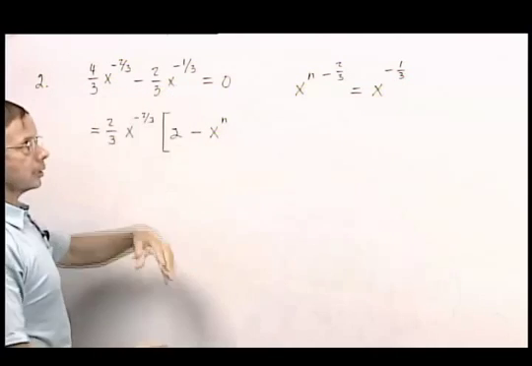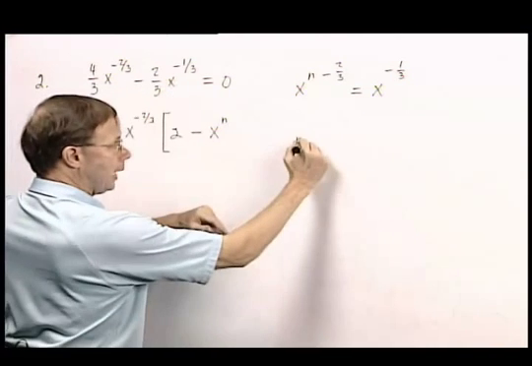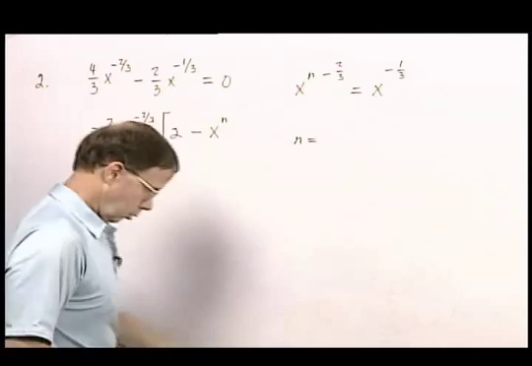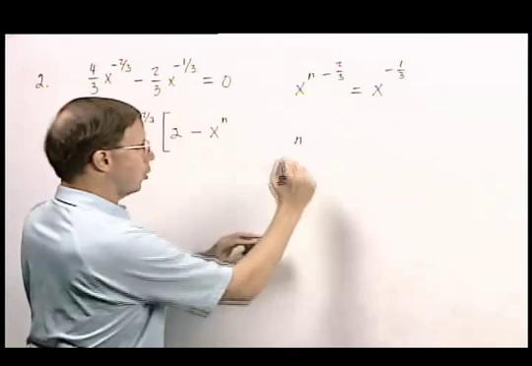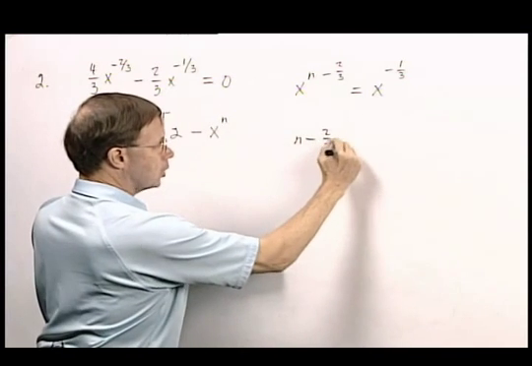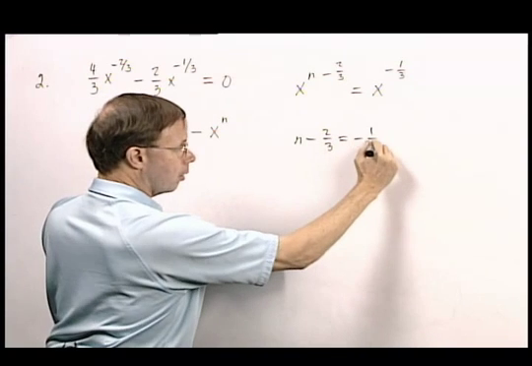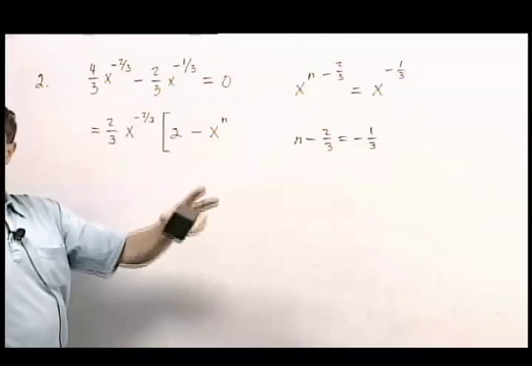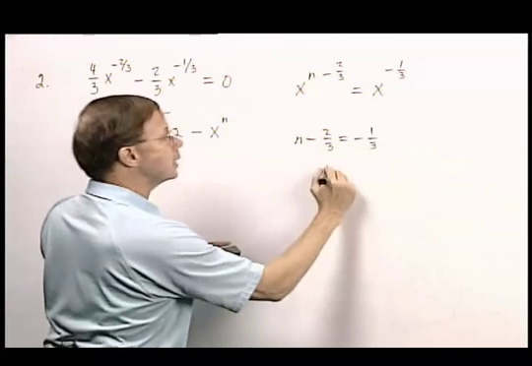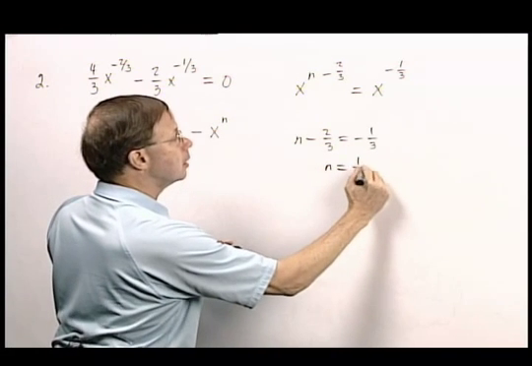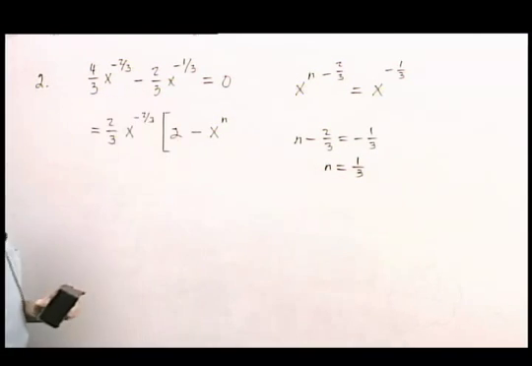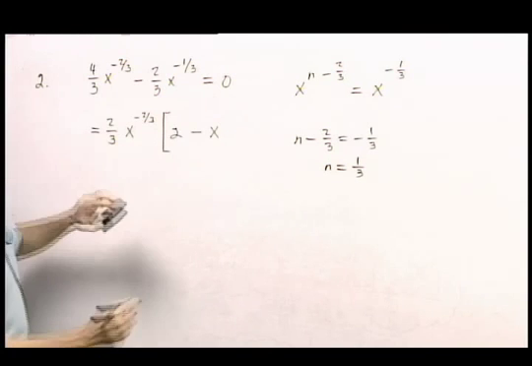Or in other words, n minus 2/3 is supposed to equal negative 1/3. Now I'm going to add 2/3 to both sides. I see that n should be positive 1/3. And that's what I got here.